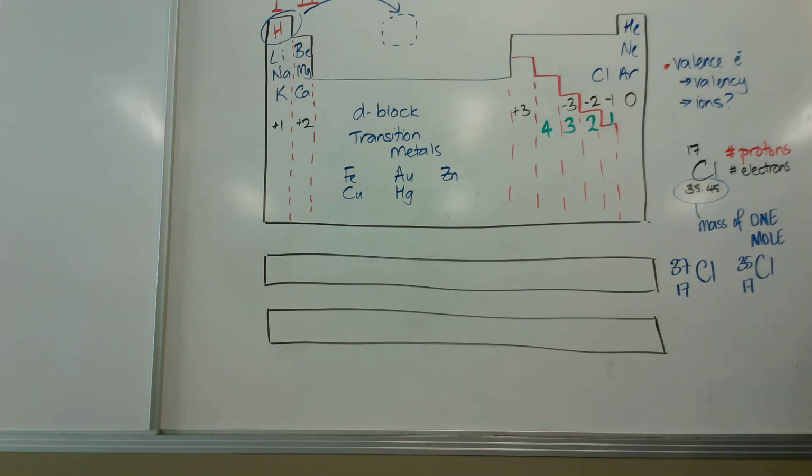That's why if I had 1 mole of it, I would expect, if I add them all up, that it would weigh 35.45 grams, or have a mass of, I should say, 35.45 because both isotopes were present. Mainly this one, which is why it's so close to 35, but there's going to be quite a few of these as well.